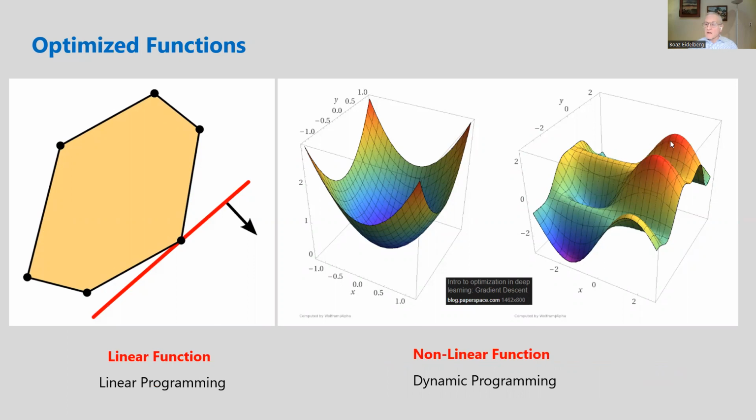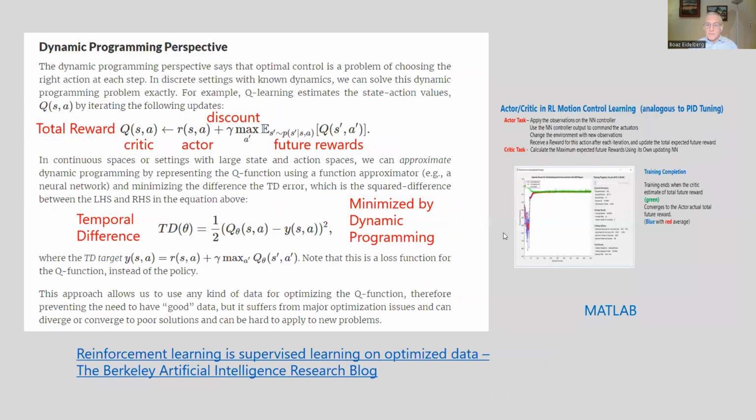Both of them is a problem of optimization. When we linearize the space and the function, we get into a linear function, and there we use linear programming to find the point of minimum. And we use dynamic programming for a nonlinear function.